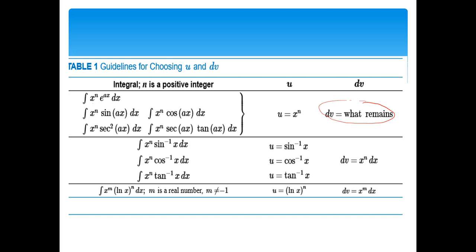But if we have a polynomial multiplied with sine inverse of x or cos inverse of x, our u usually would be the sine inverse or the cos inverse, and what remains would be dv.